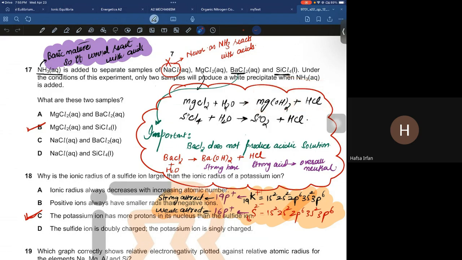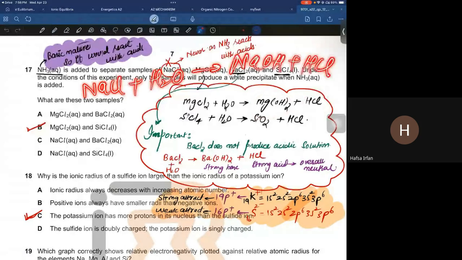Magnesium hydroxide is a weak base and hydrogen chloride is a strong acid. In the case of sodium chloride, NaOH and HCl are produced. Since both are strong, they cancel each other. As a result, the overall solution is neutral.